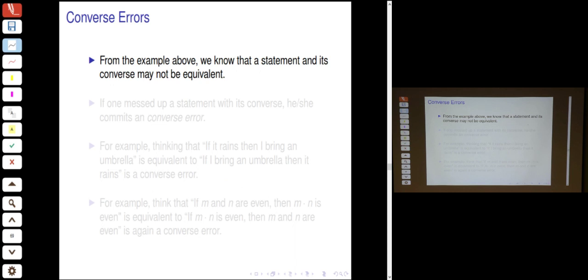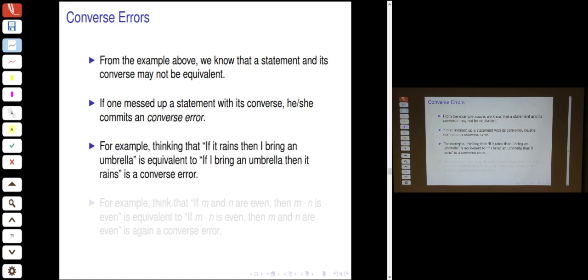Okay, then the textbook is talking about converse error. Right? So from the above example, we know the statement and its converse may not be equivalent. So if you make a mistake by messing these two up, you are committing a logical error called converse error. Okay. For example, the statement says, if it rains, then I bring an umbrella.